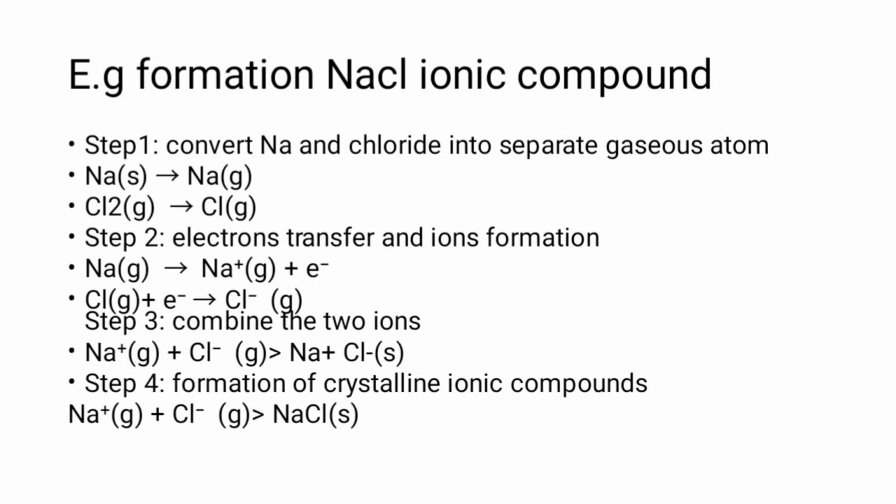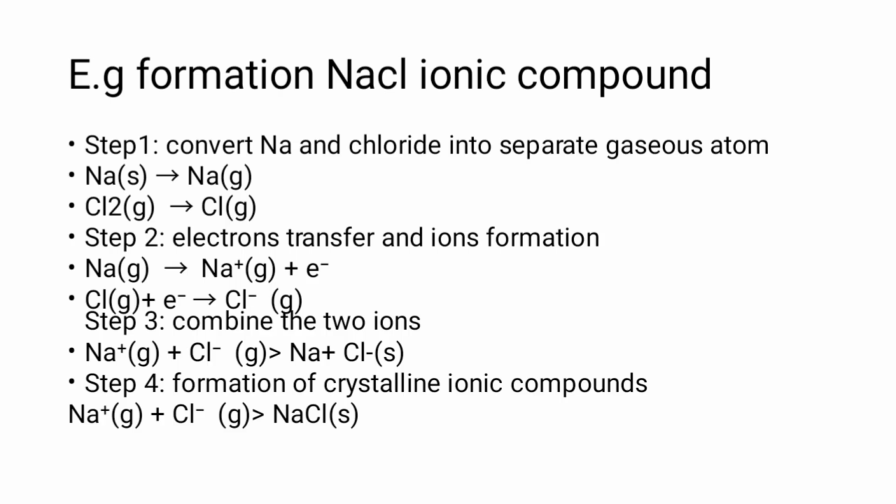Let's take an example. Let's say sodium and chloride are reacting. First, convert sodium and chloride into separate gaseous atoms. Sodium in solid state becomes sodium gas in step 1.